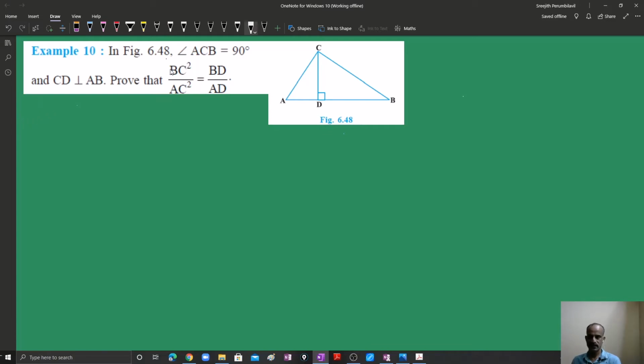Is there any BC square? Can we find two triangles where BC is a common side? Yes. In triangle BDC, this is also 90 degrees. ACB is given to be 90 degrees, and this also is 90 degrees.